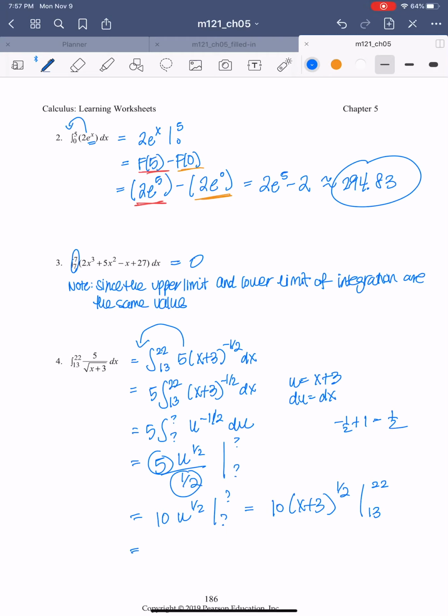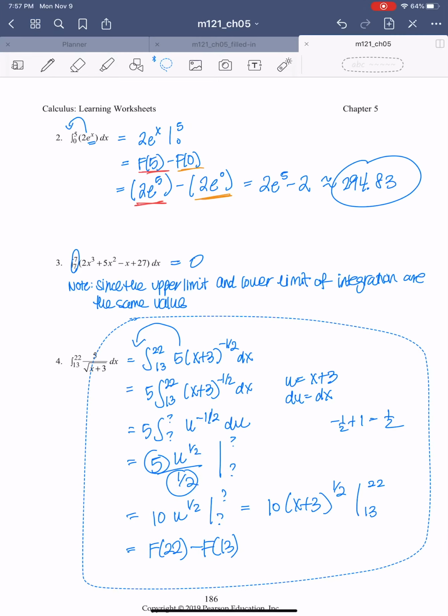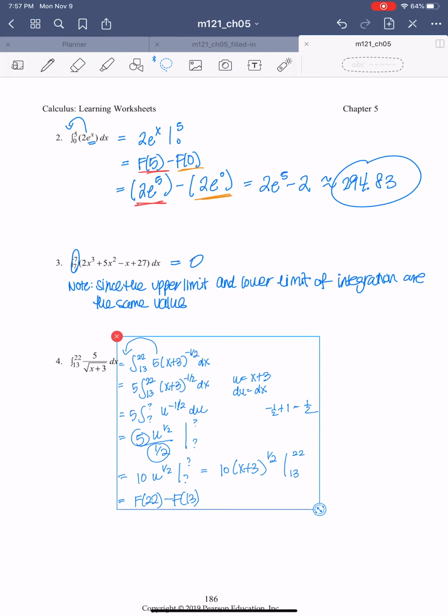So this means by the fundamental theorem of calculus, we can just take f of 22 minus f of 13. Let me make this one a little bit small so I have a little bit more space. Okay.